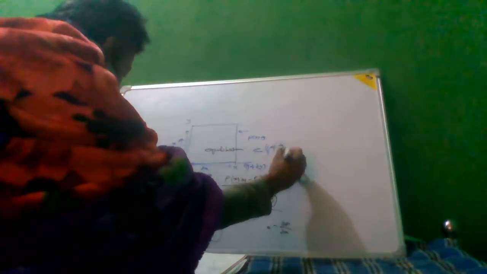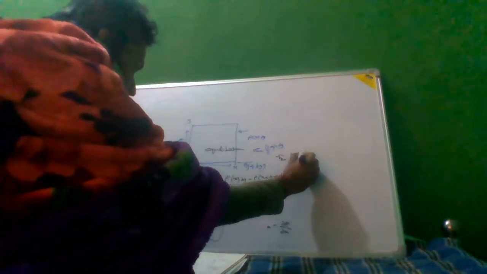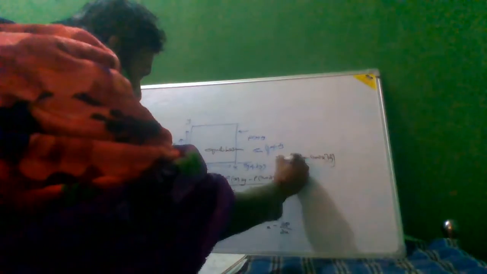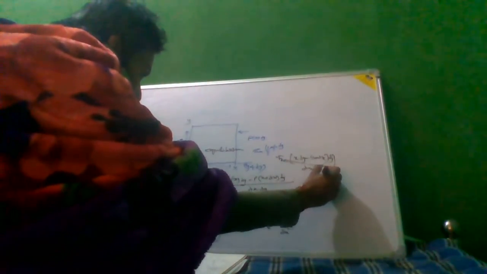It will be tau xx at x into del y minus tau xx at x plus del x into del y, by del x into del y.